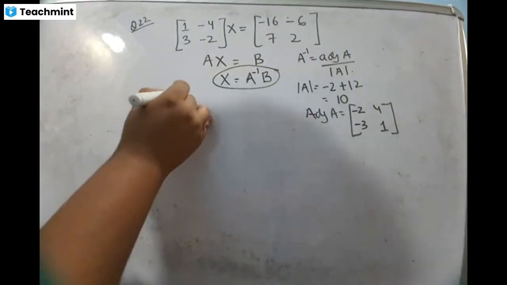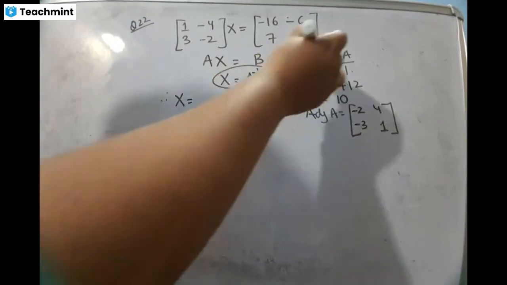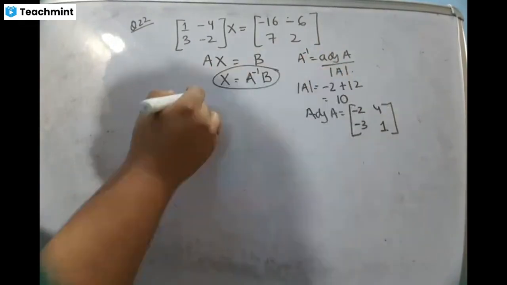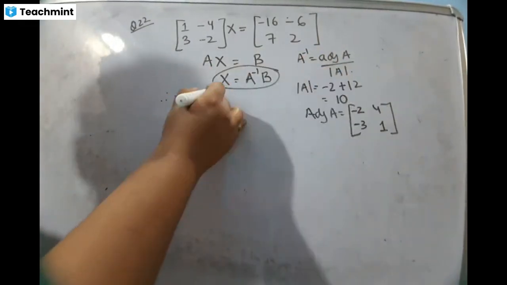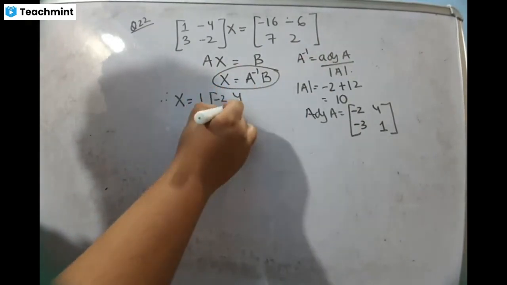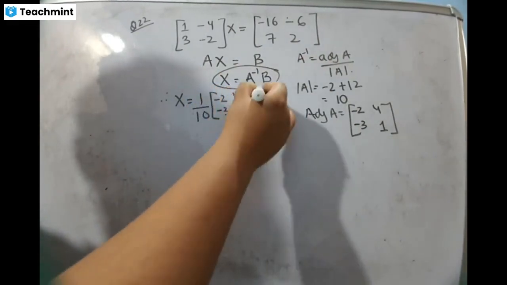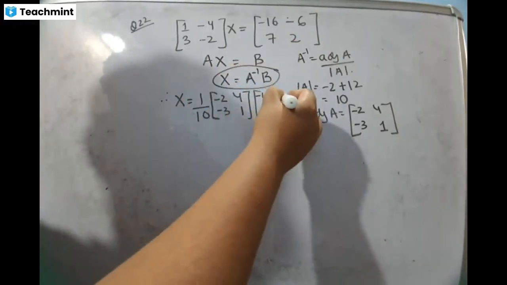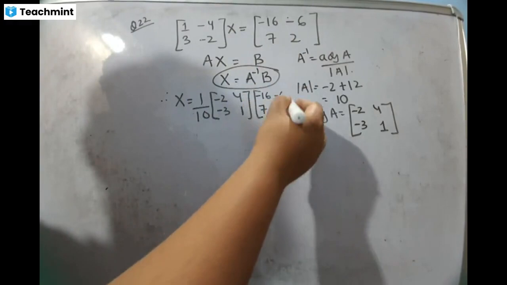Now capital X equals A inverse, which is adjoint by determinant. The determinant is in the denominator, so let me write 1 by 10. The adjoint you got is [-2 4; -3 1], into B. What is B? [-16 -6; 7 2].